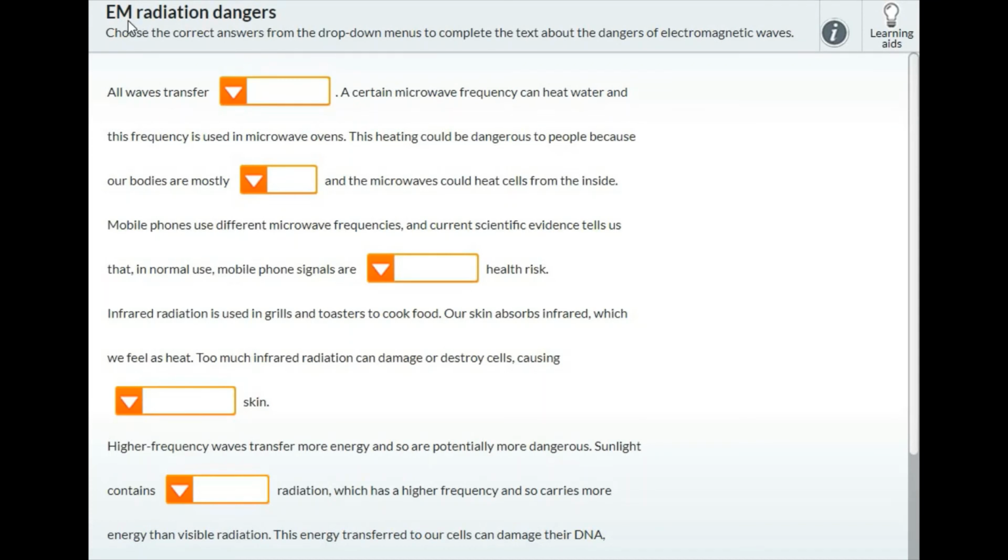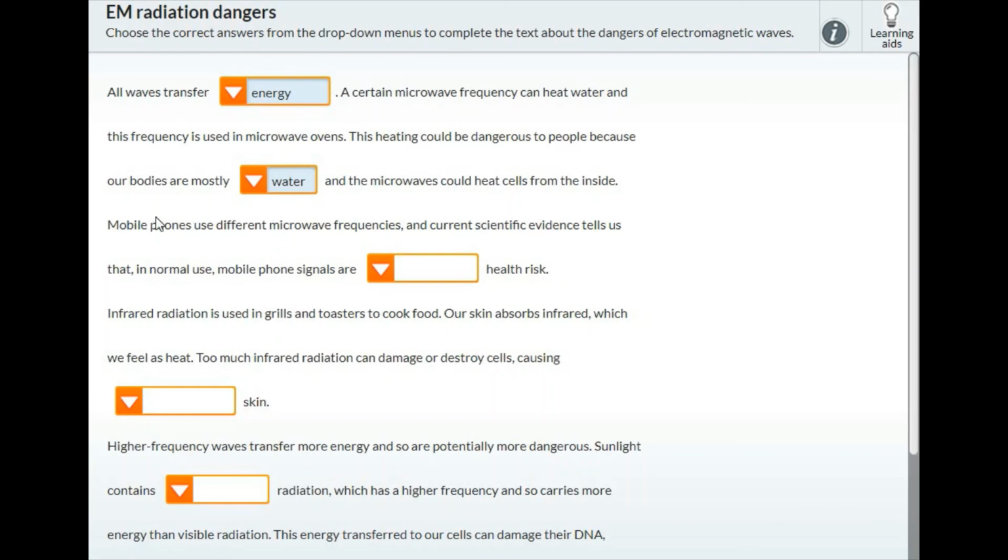Electromagnetic radiation dangers. Choose the correct answer from the drop-down menu to complete the text about the dangers of electromagnetic waves. All waves transfer energy. Certain microwave frequencies can heat water, and this is used in microwave ovens. This heating could be dangerous to people because our bodies are mostly water, and the microwaves could heat cells from the inside.